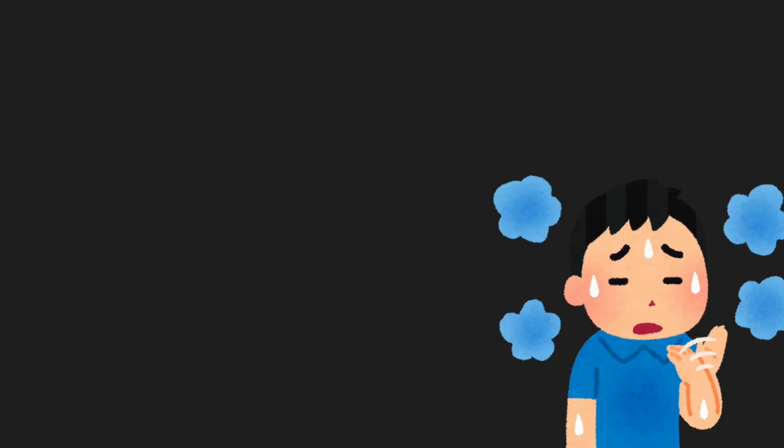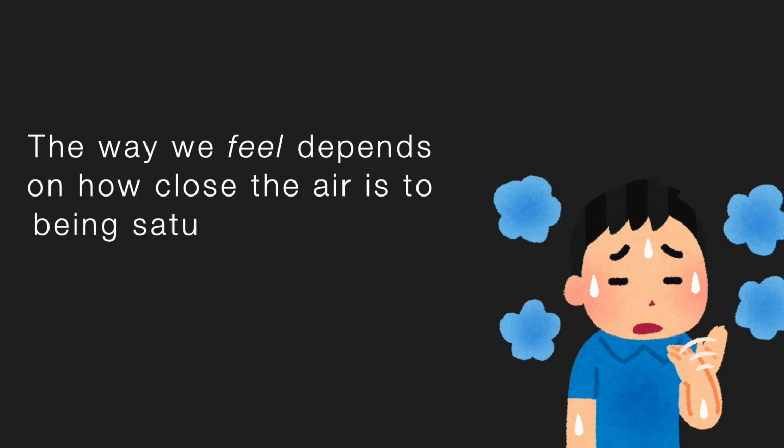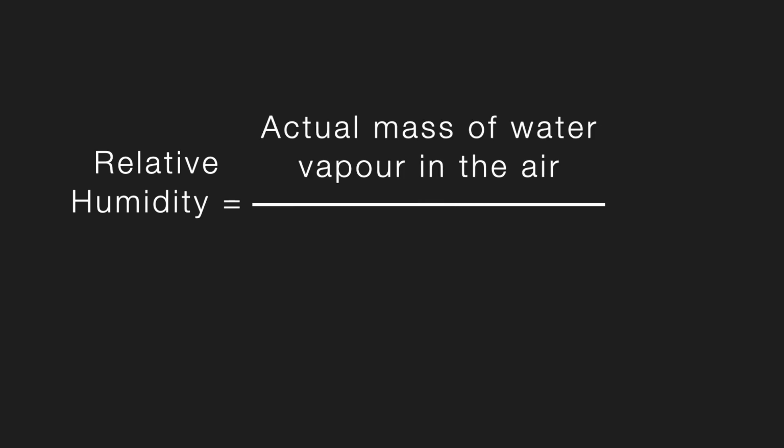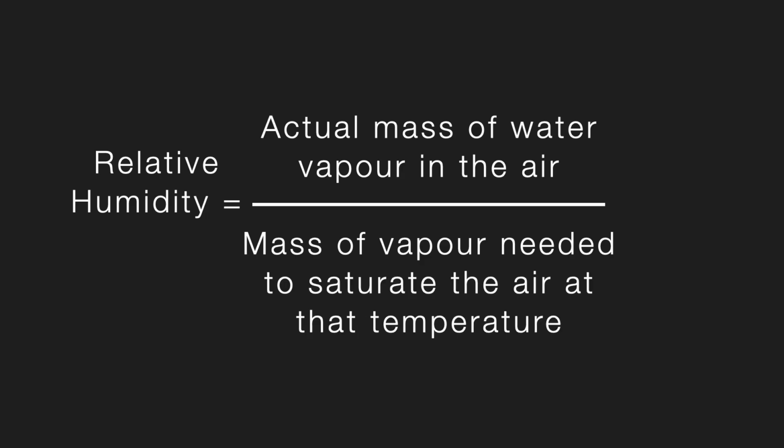But wait, the way we feel humidity doesn't depend on how much water vapor is in the air. It depends on how close the air is to being saturated, and that brings us to relative humidity. Relative humidity is the ratio of actual mass of water vapor in the air to mass of the water vapor needed to saturate the air at that temperature, multiplied by 100.